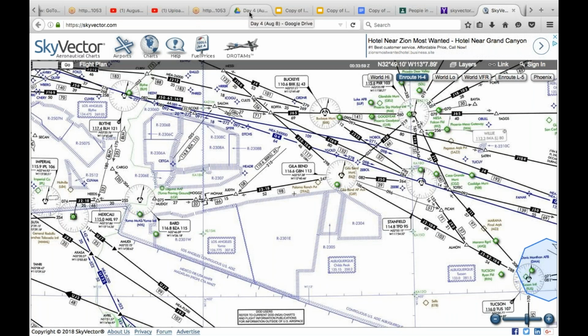But I kind of turn it into a game. What is ATC going to do right now, or when my flight gets there? And I try to plan that route as close to what I think ATC is going to do.